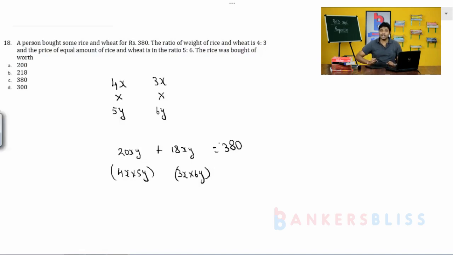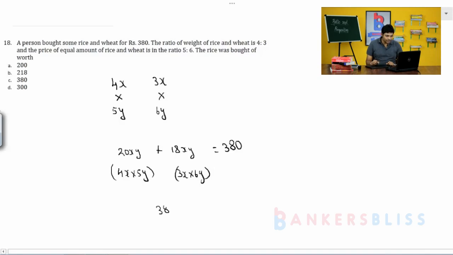So, the total amount I paid for rice is 4x into 5y, that is 20xy. The total amount I paid for wheat is 3x into 6y, that is 18xy. So, altogether 380.